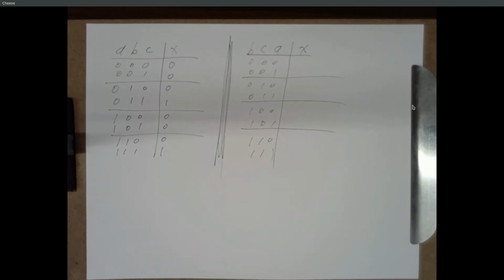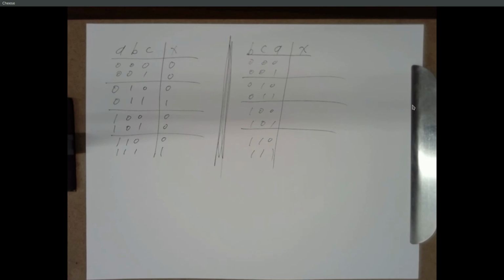If you look at the original one, these ones should be 1 because B and C are the only ones that really matter. This was 1 that should just be 0. And then it's going to do this. B and C is the only thing that matters.